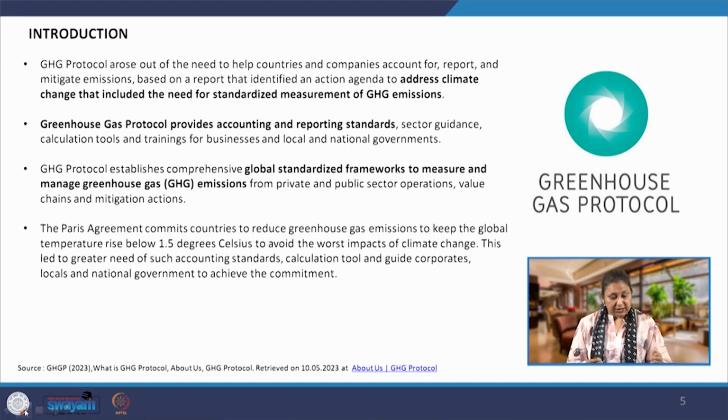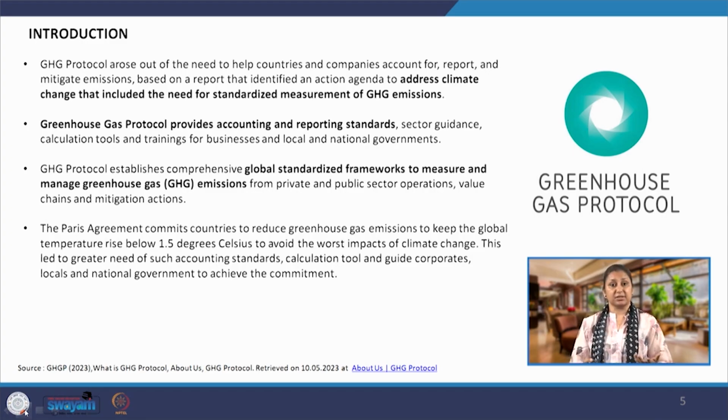So, the GHG protocol actually emerged on the basis of a report which identified an action agenda to address climate change, and that required standardization of GHG emissions. The world came together to agree that we have to reduce greenhouse gas emissions, we have to reduce the carbon footprint, but how do we do it?